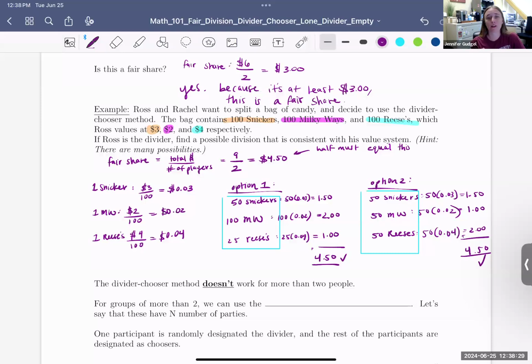All right, but maybe 100 Snickers, that's $3, and 10 Milky Ways, that's 20 cents. I need to write these down. I'm not going to try to come up with a third one on the fly, but what I'm saying is there are many other ways to get the $4.50, but that's where you stop. If you are the divider, you need to make a half that equals $4.50 because that is a fair share.